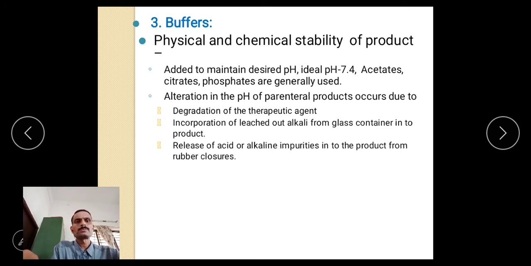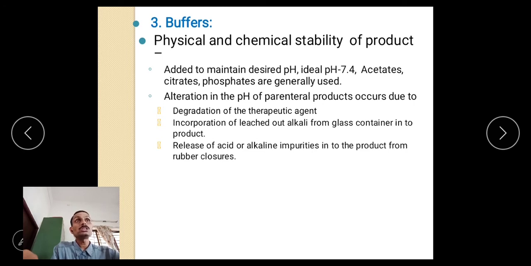Alteration in the pH of a parenteral product may occur due to degradation of therapeutic agents, leaching of alkali from the glass container into the product, or release of acid or alkaline impurities from the rubber closure into the product.